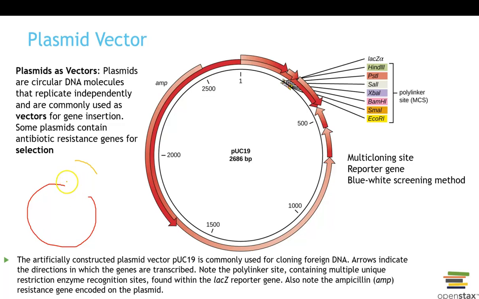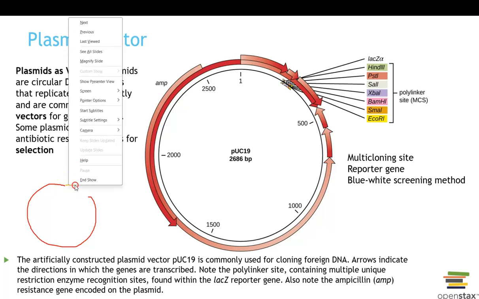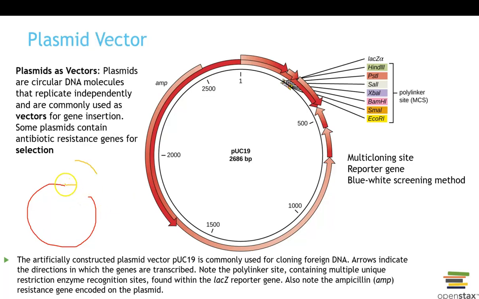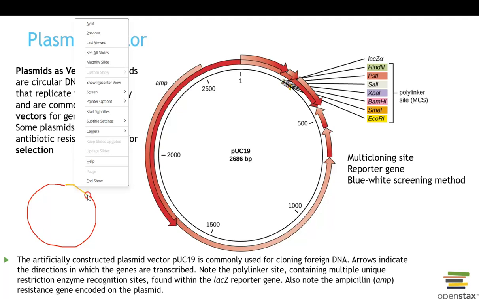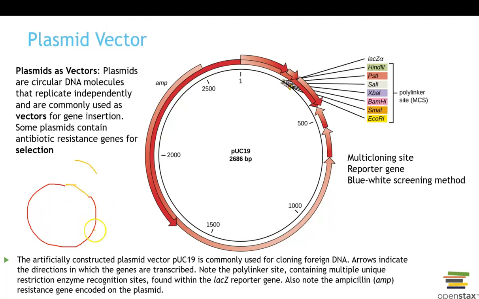Then these fragments attach to the plasmid. So we have to have certain ways to be able to see if this plasmid exists in our bacteria or not, or if the plasmid contains our insert, our desired gene, or not.